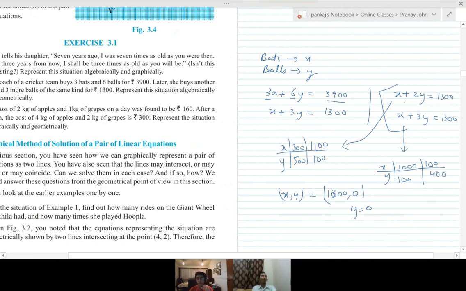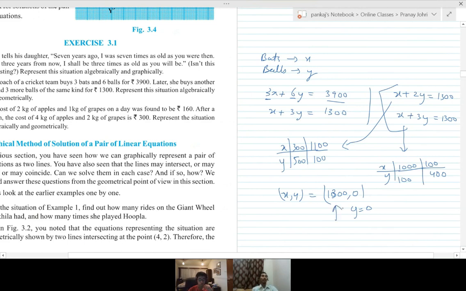How? Because 2 into 0 would be 0. So if x is 1300, 1300 plus 0 is 1300. And same with 3y, 3 into 0 is 0, so 1300 plus 0 is 1300.